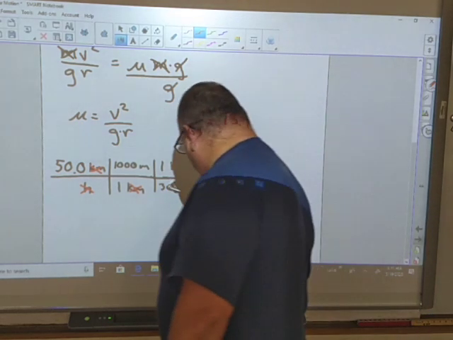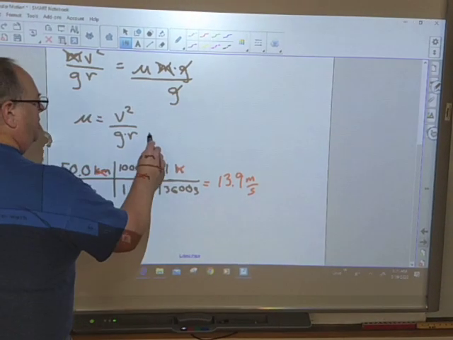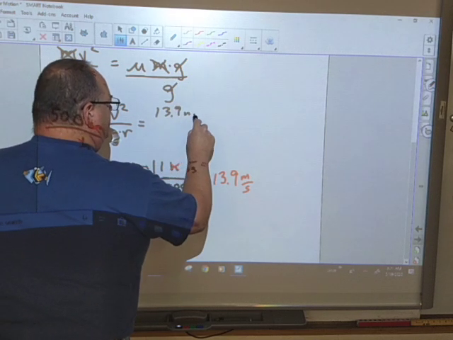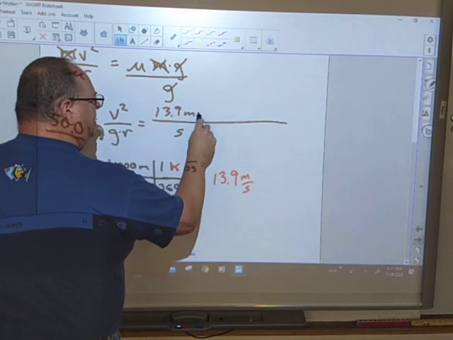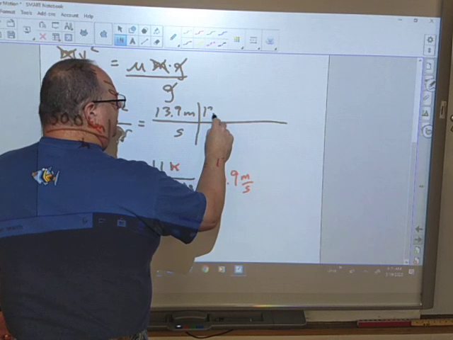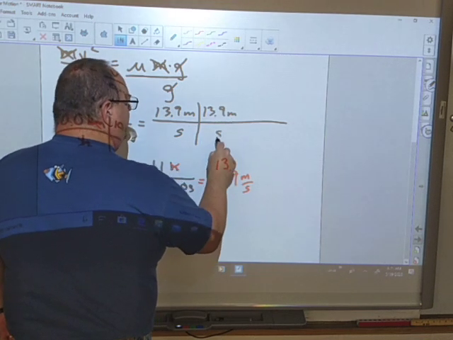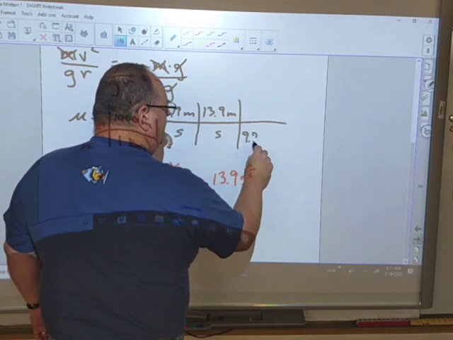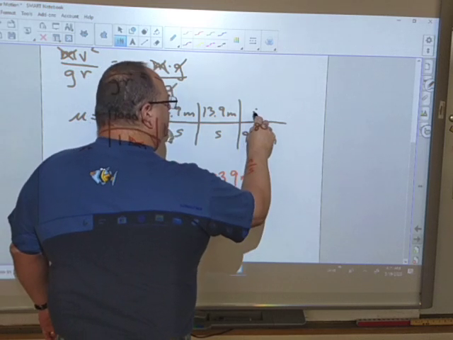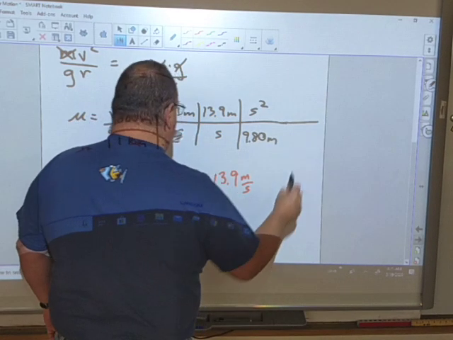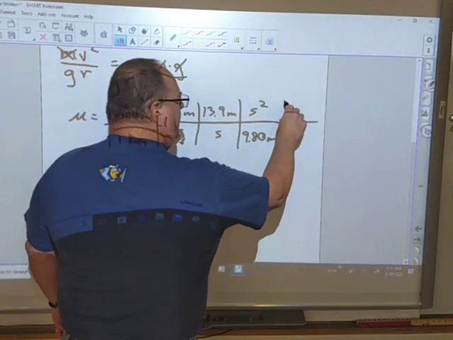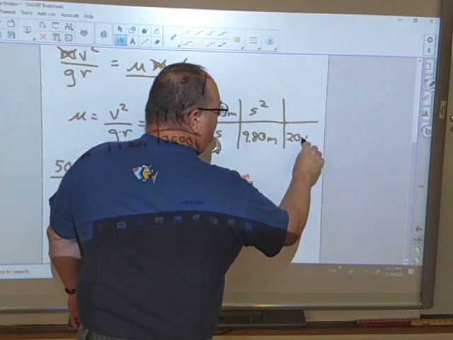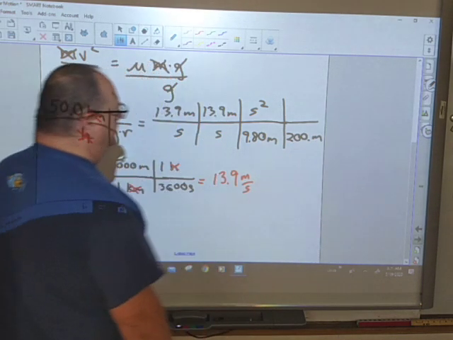All right, now let's go up here, and we're going to take 13.9 meters per second, and again 13.9 meters per second, and we're going to divide by g, which is 9.80 meters per second squared, and we're going to divide by the radius of 200 meters.